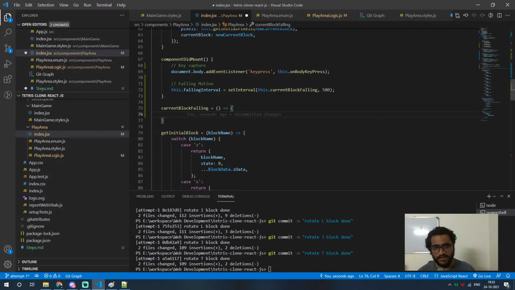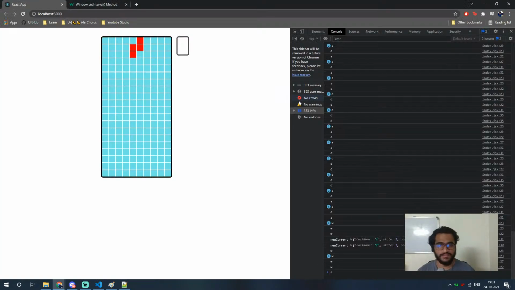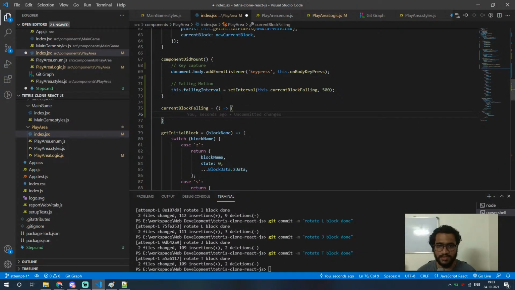Like on every 500 milliseconds, it would increase the y value by 1. That's it. That's the whole logic behind it.